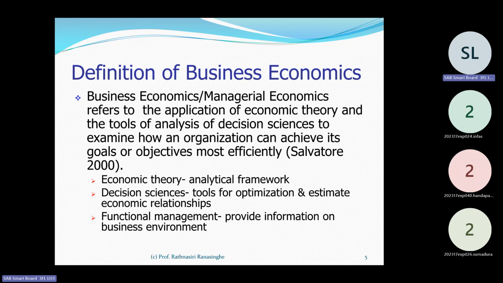And sometimes you need to create a model and see the relationships. Here you do demand analysis: you identify the factors that determine the demand and want to know how each of these factors affects demand. Then you need to pick a model and run the model.